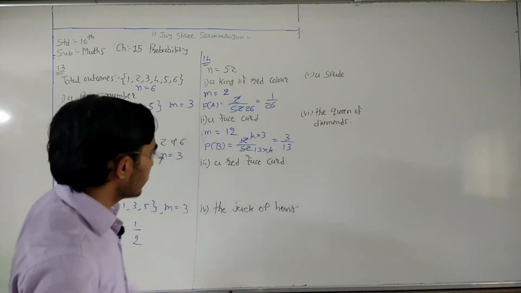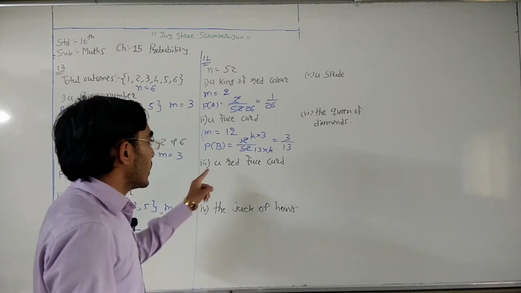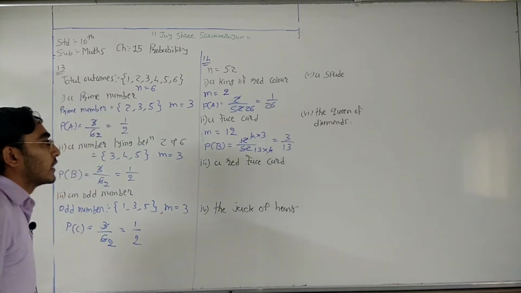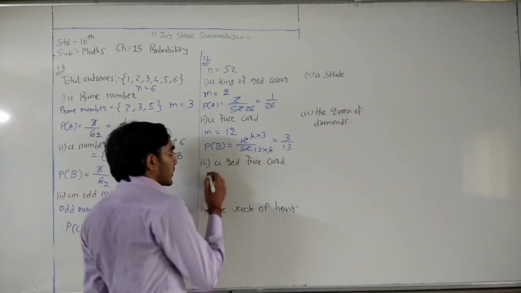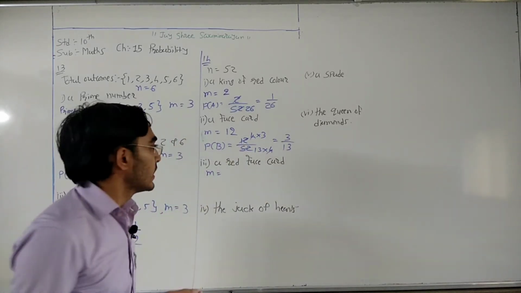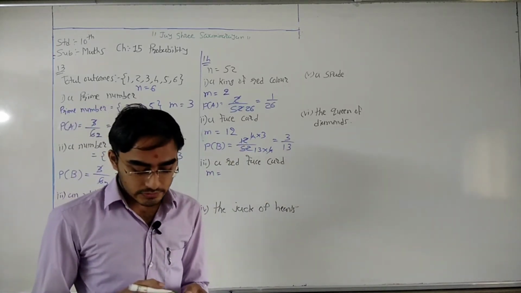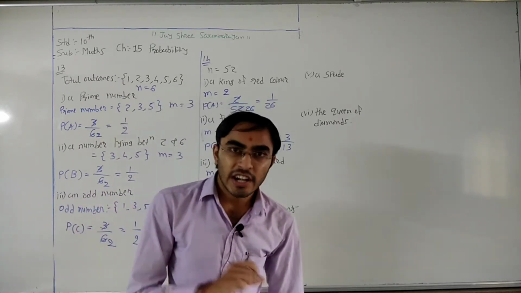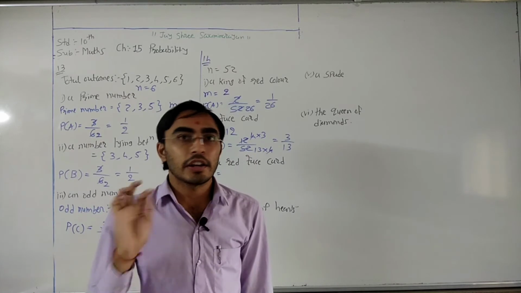Okay. After that, question number 3. A red face card. So total how many red face cards do we have? First of all, face cards, and in that red color face cards. In red color we have 2 patterns, heart and diamond.